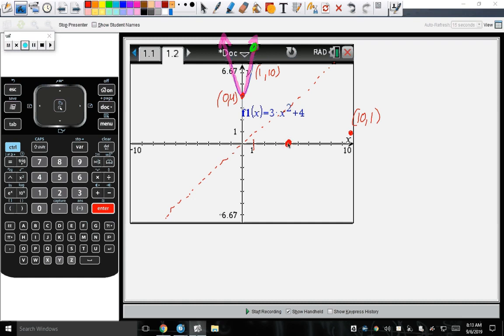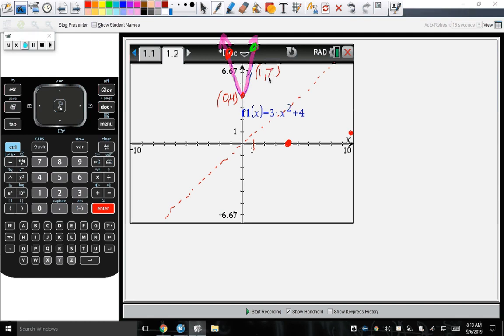And then we could try negative 1. Actually, I should correct that so as not to confuse you. Whenever you put a 1 into this blue equation right here, 3x squared plus 4, you wouldn't get a 10, you would actually get a 7.